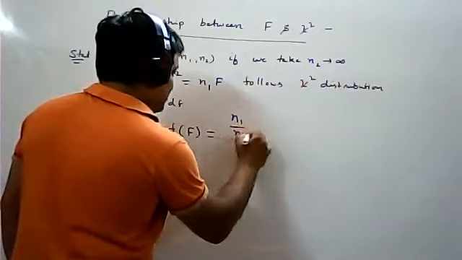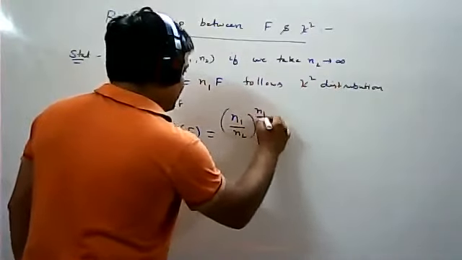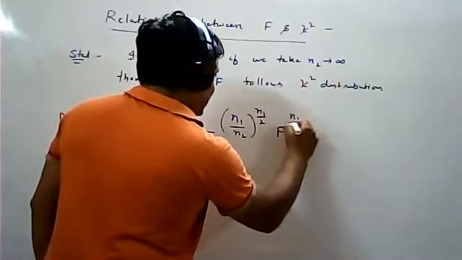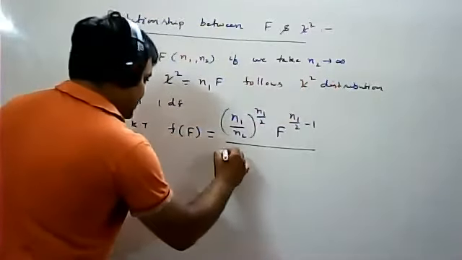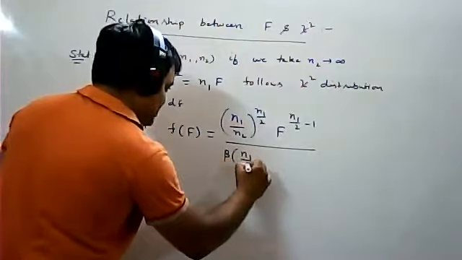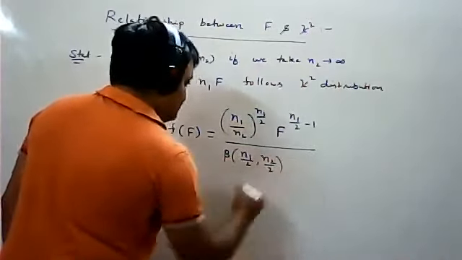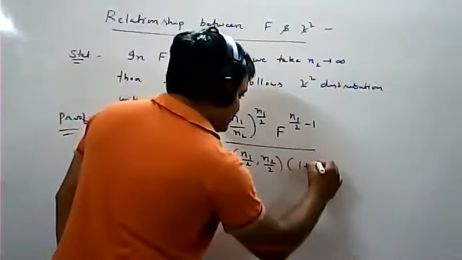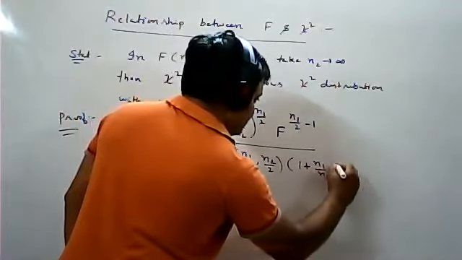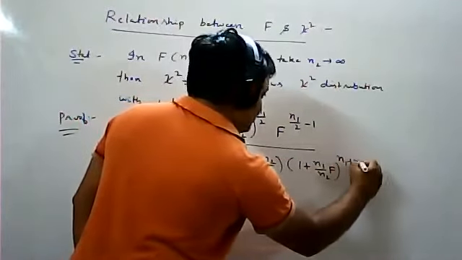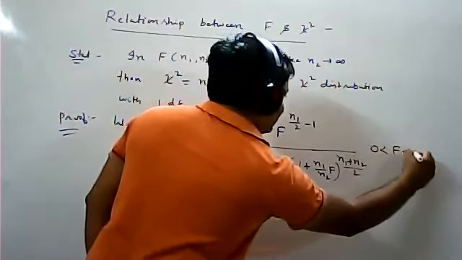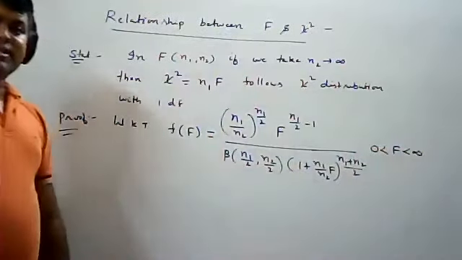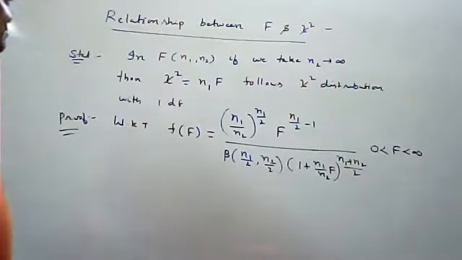N1 by n2 whole power n1 by 2 into f power n1 by 2 minus 1 by beta with parameters n1 by 2 comma n2 by 2 into 1 plus n1 by n2 into f whole power n1 plus n2 by 2. What are the limits of f? 0 is less than f is less than infinity.